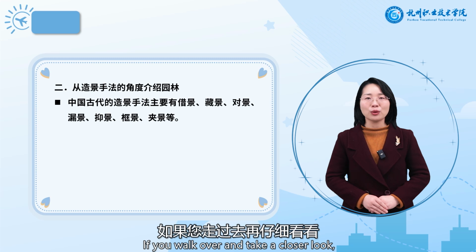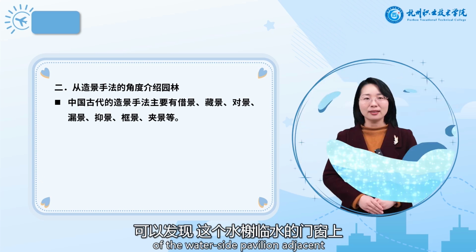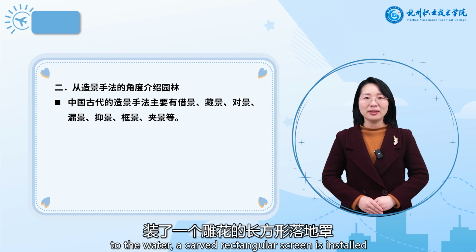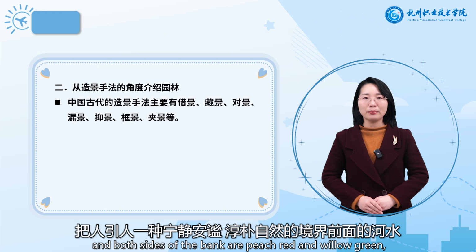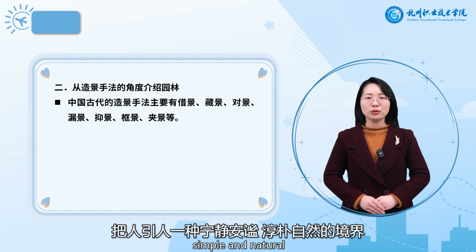If you walk over and take a closer look, you can find that on the doors and windows of the waterside pavilion, adjacent to the water, a carved rectangular screen is installed. The front river water meanders tortuously, and both sides of the bank are peach red and willow green, which leads people into a realm of peaceful and quiet, simple and natural.